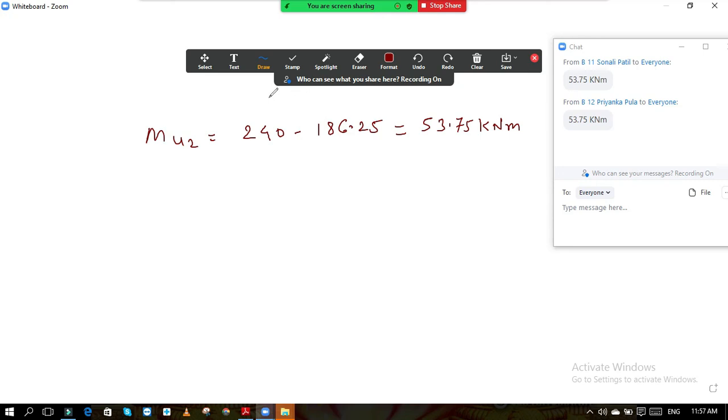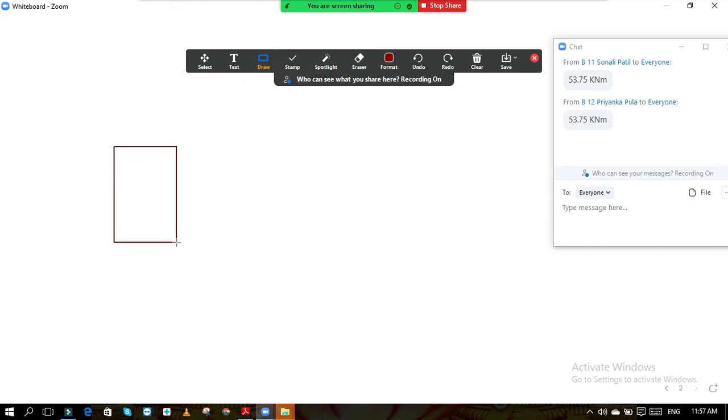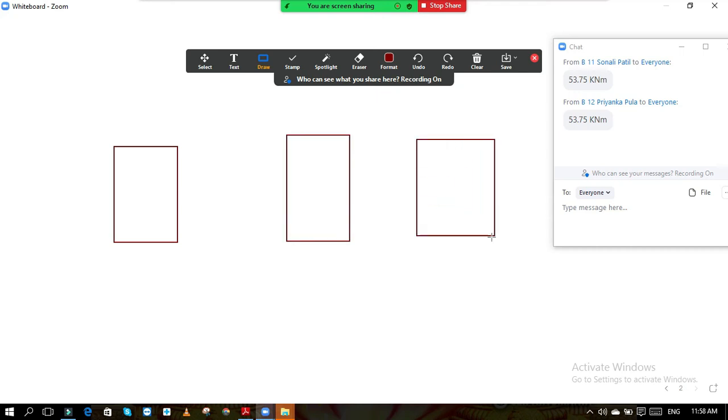Okay, so now we know the formula for Mu limiting, but Mu limiting we can also calculate as Tu1 into z1. बरोबर आहे ना. Mu limiting हा कुठला फॉर्म्युला असणार आहे, Tu1 into z1. If you consider these three sections, this is your doubly reinforced section, this is your singly reinforced section, this is your additional section.